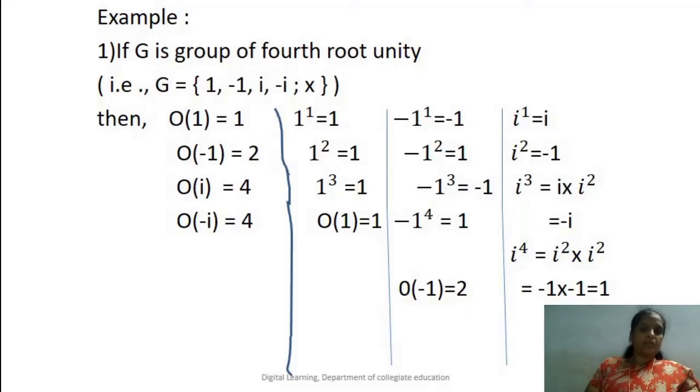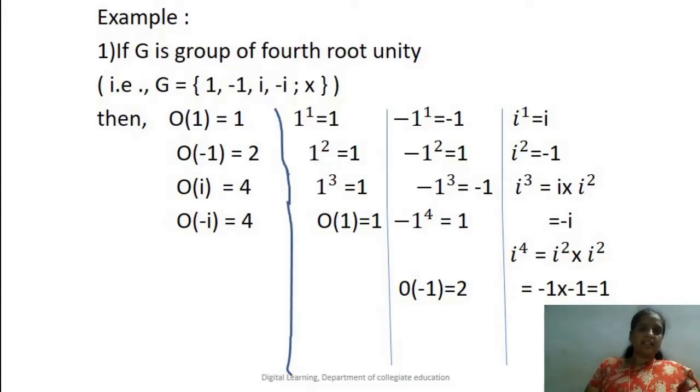Then -1 taken thrice, -1 into -1 into -1, becomes -1 again. Then -1 to the power 4 becomes 1. So we have got two different elements, -1 and 1. Therefore, the order of -1 is 2.